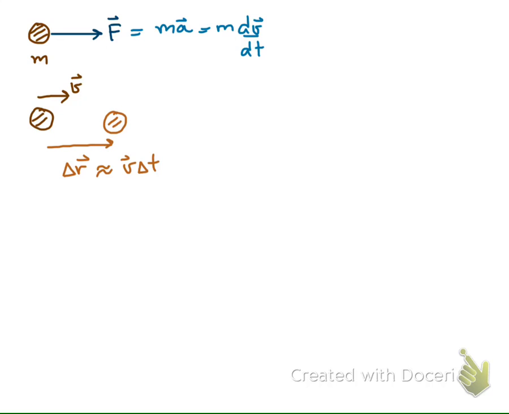This approximation is valid when delta t is small, because if delta t is small, we can assume that the velocity of the object changes very little, and we can approximately assume that the displacement is equal to the initial velocity times the time interval delta t. Okay.